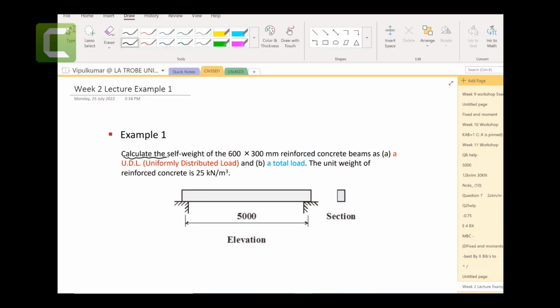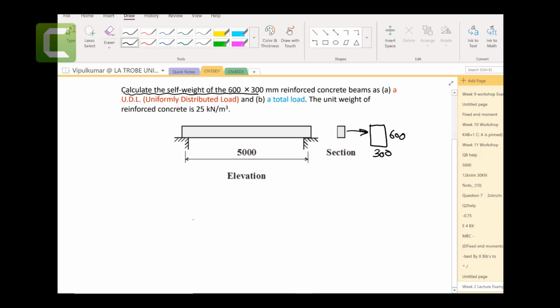We need to calculate the self weight of a 600 by 300 millimeter reinforced concrete beam. So if I have this 300 by 600 millimeter cross section of the beam, we need to calculate the uniformly distributed load and the total load. So let's say this is a support and this is another support.